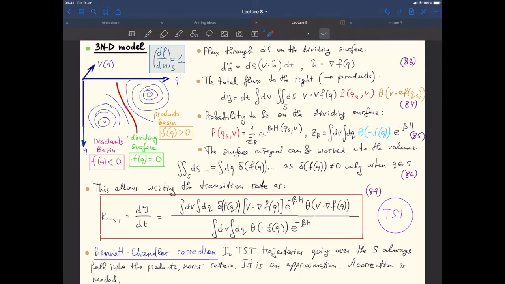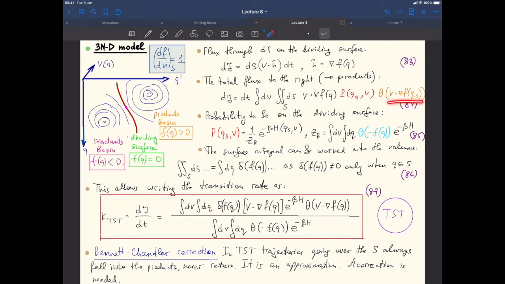an integral. We have to integrate over all the dividing surface, over all dS, so this is a surface integral over the dividing surface, and we have to integrate over all velocities. So here is the dot product of v with the gradient, this is that term v_n, but we also need to multiply this by that condition. This is the Heaviside function of the dot product of velocity and the normal to the surface.